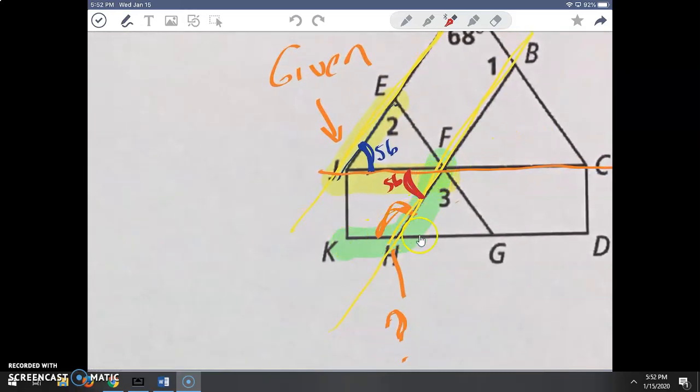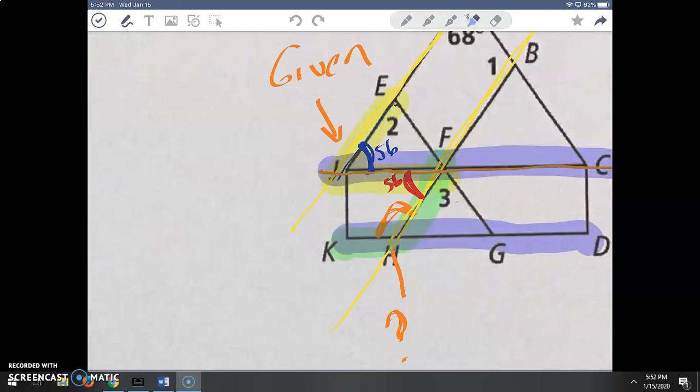With that being said, now we have parallel lines here and here. This yellow one that I've got highlighted is the transversal.